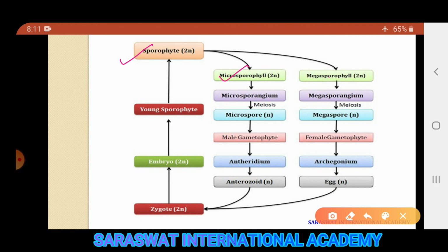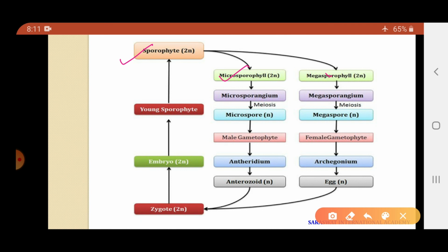Sporophyte consists of microspore. अगर ये heterosporous है तो microsporophyll, megasporophyll. Microsporophyll consists of microsporangium, megasporophyll, megasporangium. It forms the microspores by meiosis, and megasporangium by meiosis forms megaspores. Microspores develop into male gametophyte, megaspore into female gametophyte.